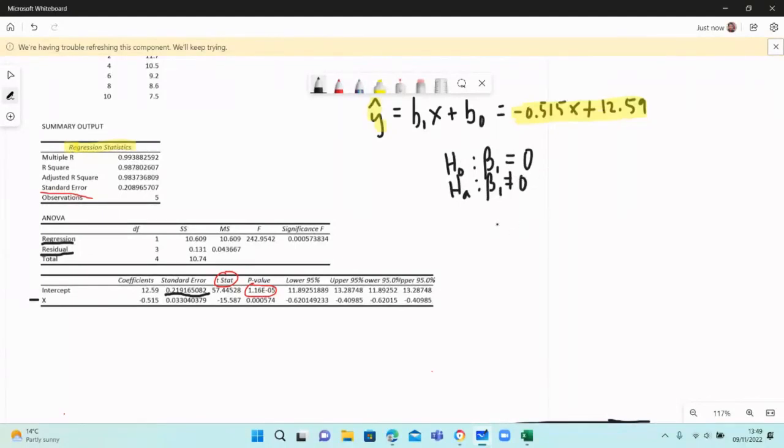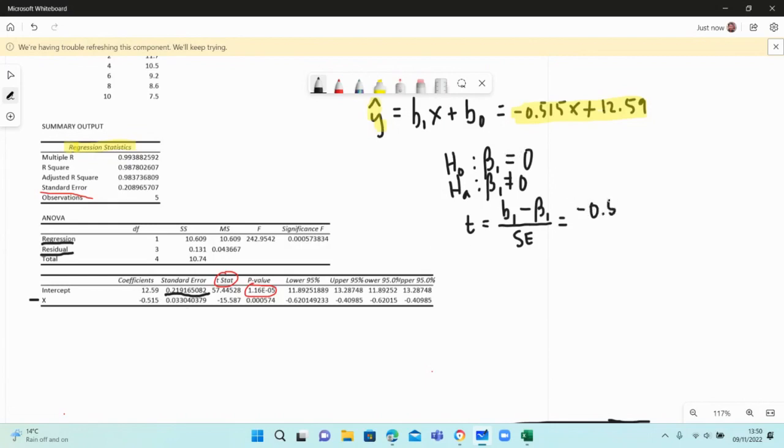And what is happening here is we compute the t statistic, which in this case is given by b1 minus beta 1 all over the standard error. And under the null hypothesis, our beta 1 is equal to 0, and the value for b1 is given by this, negative 0.515.